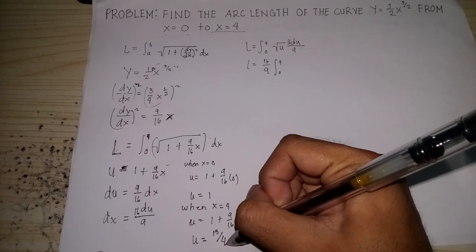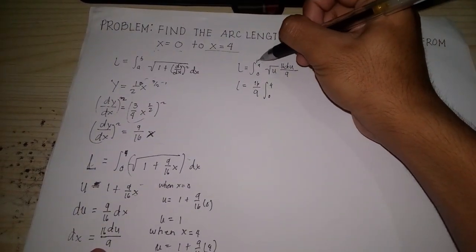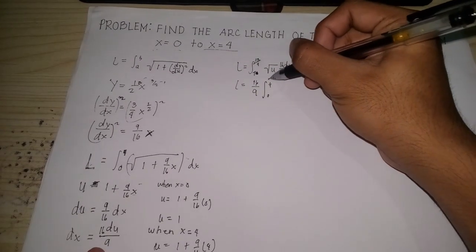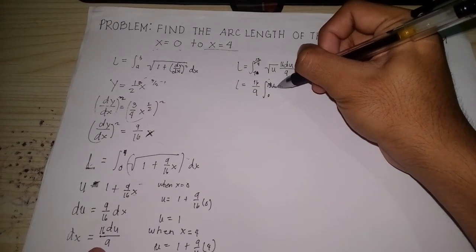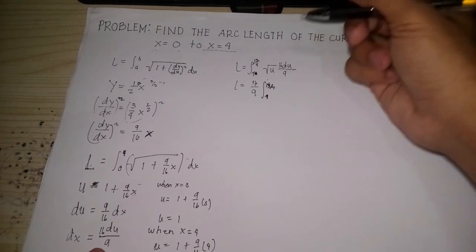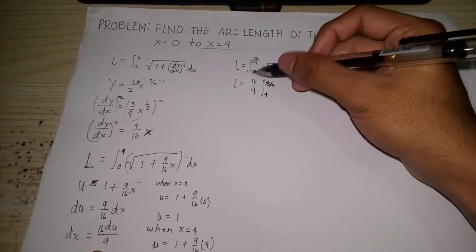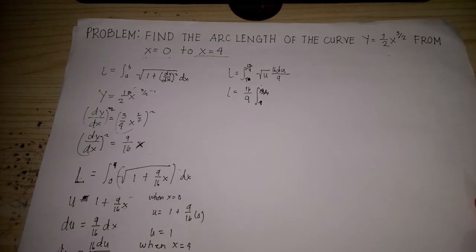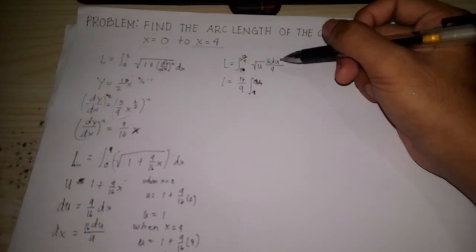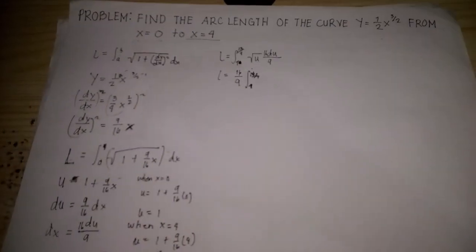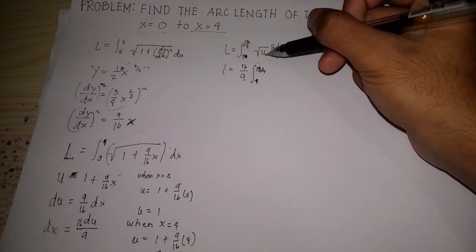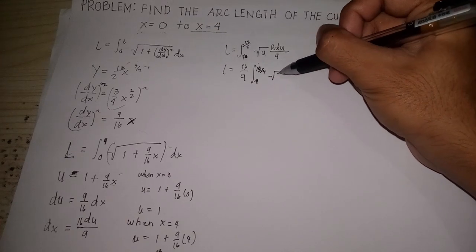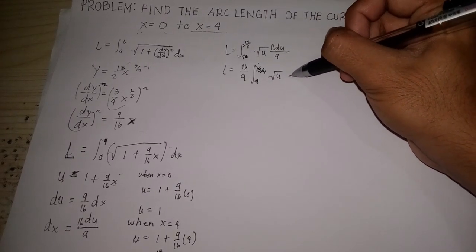So that is 13/4, and this is 1. So now this is what our final equation should look like: the integral from 1 to 13/4 of the square root of u du.